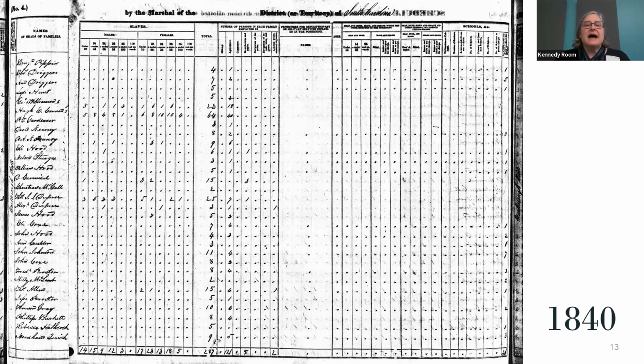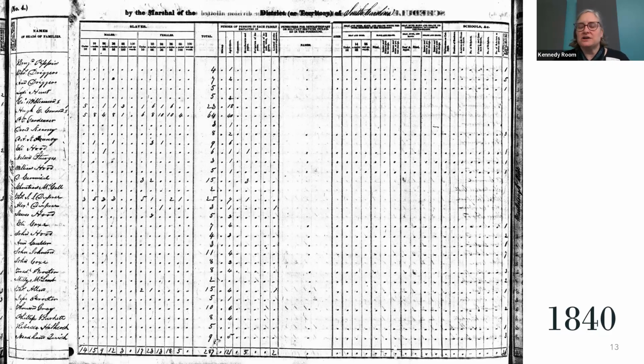There's a column asking for the name of pensioners for revolutionary or military services, and also their age. And then again, the questions for both white and colored as to deaf and dumb, blind and insane. Not totally sure why they combined blind and insane, but that's what they did.